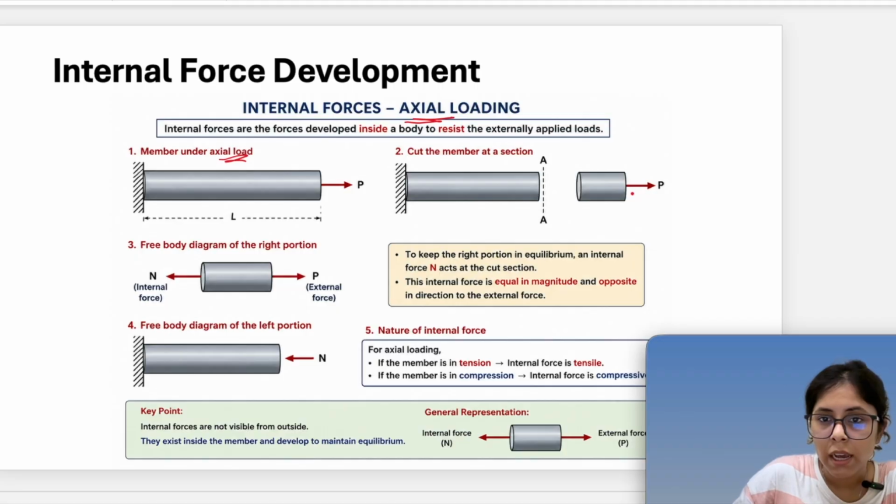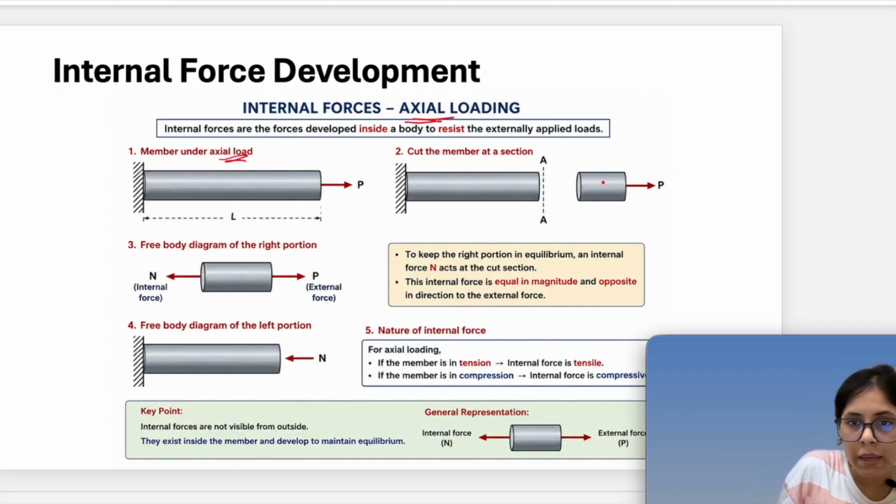Now if I create the free body diagram of this right portion, I'll have an internal force that will be generated due to equilibrium. To keep the right portion in equilibrium, internal force will act at the cut section, and it will be equal in magnitude and opposite in direction.